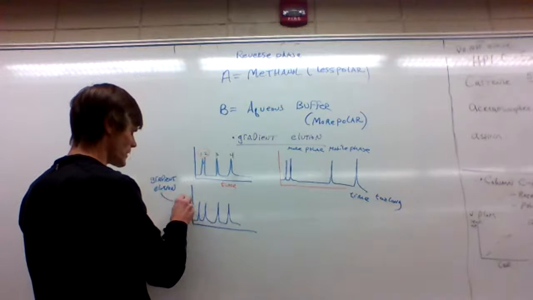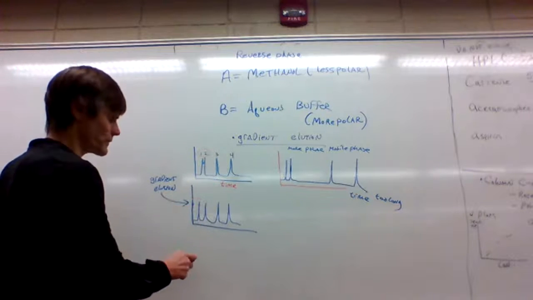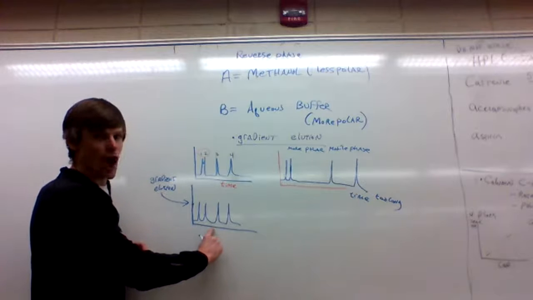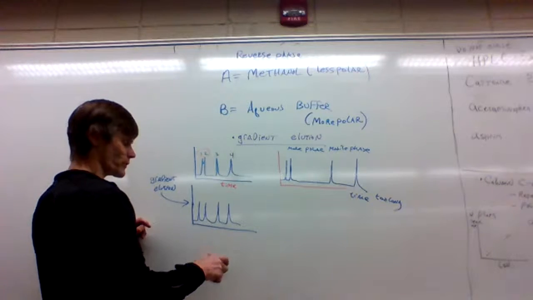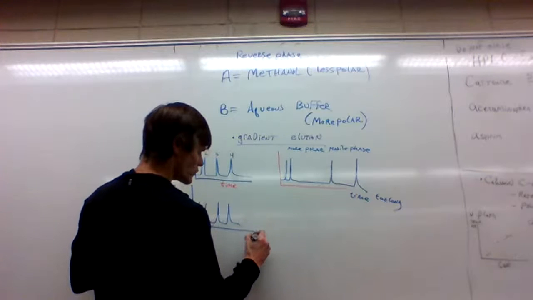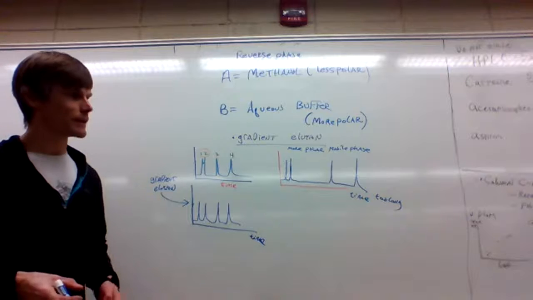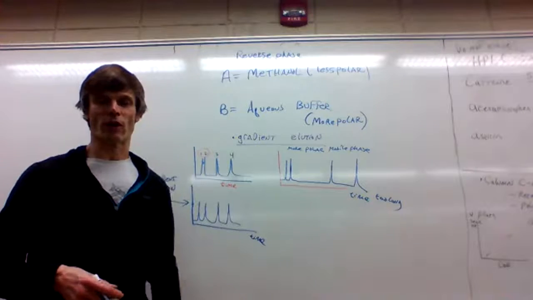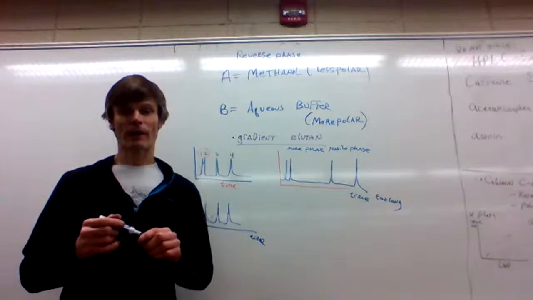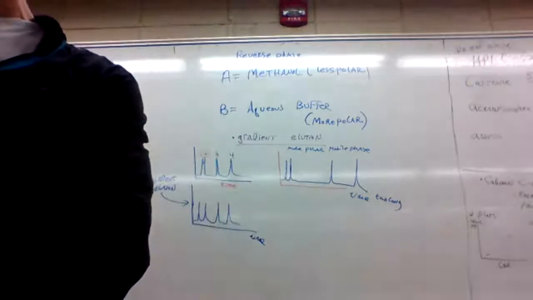And using gradient elution, we can separate now the two polar species, change the composition of the mobile phase so it's less polar, and now we can do a nice separation in a time period that doesn't take too long. So that's what's important about being able to change the composition of the mobile phase.